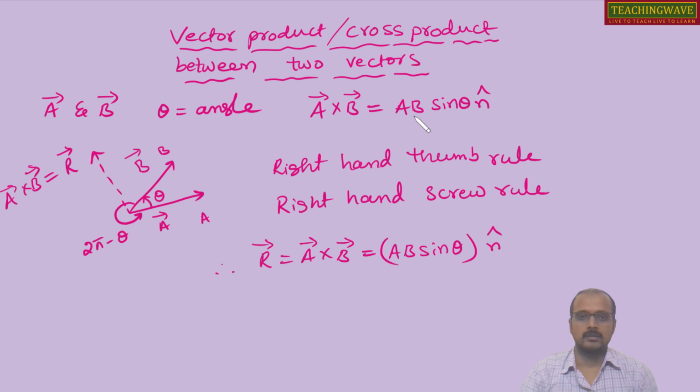That means the product of two vectors is a vector quantity, that is R bar.